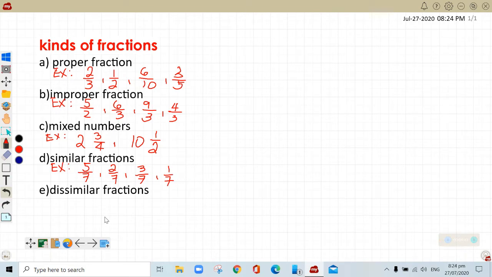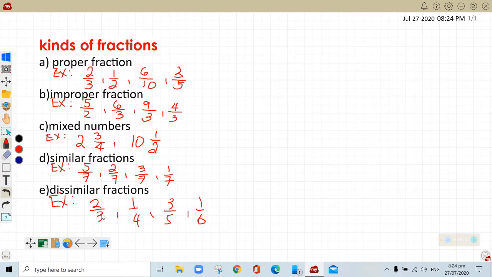Okay? Next is dissimilar fractions. From the word itself, dissimilar, ibig sabihin, it's different. So, dissimilar fractions are fractions that have different denominators. Example, these fractions are 2/3, 1/4, 3/5, 1/6.